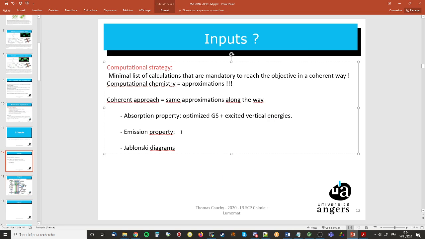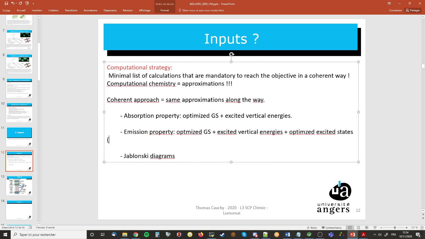Okay, so you always need an optimized ground state. You need excited vertical energy to be able to know which excited state you want. Plus, you need optimized excited states. Usually, with the Kasha rule, we expect that the emission will come from S1 or T1.